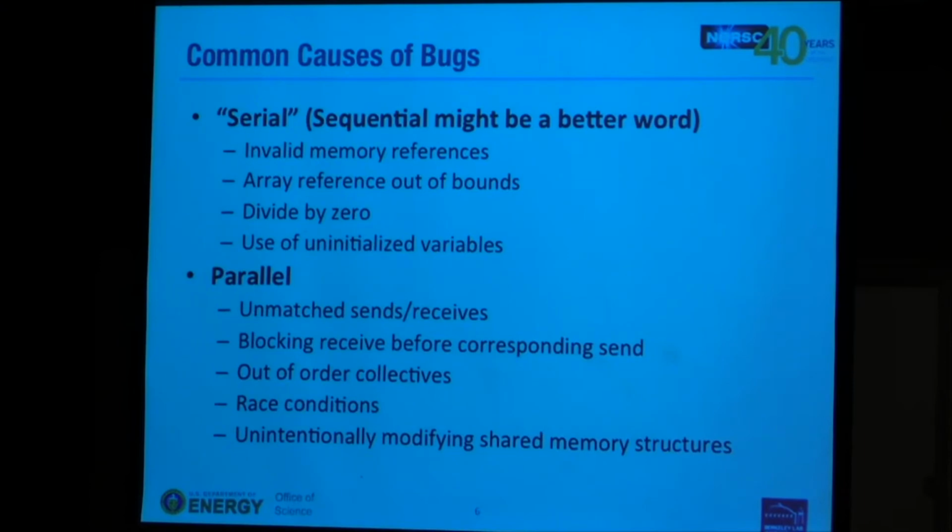Common causes of bugs. Well, we talk about sequential or serial bugs and parallel bugs. In a serial context, you might be trying to access memory that hasn't been initialized or hasn't been allocated properly. You might have an array that you have dimensioned, and then you're reading with an index that's outside that array.